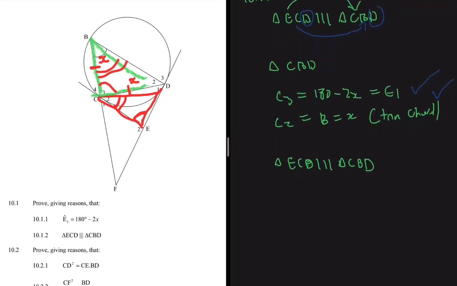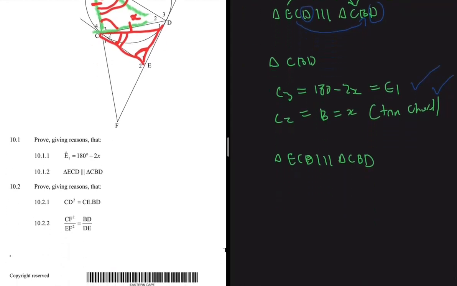It always works. And then let's move to 10.2. We have 10.1, which says prove given reasons. So 10.2.1 is saying that CD squared is equal to CE multiplied by BD, right?